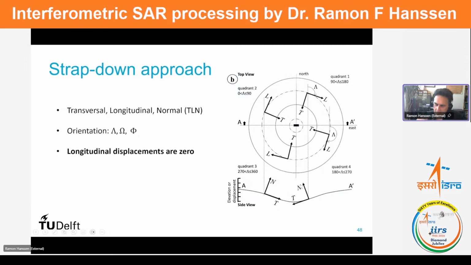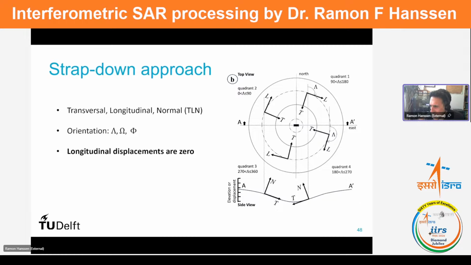So what is the key thing? If you define a coordinate system like this, then east, north, up is the same everywhere in your image, right? The north is everywhere the same. But if we define this system, then at every location, we have a different orientation of the coordinate system. And we call this a strap-down approach.